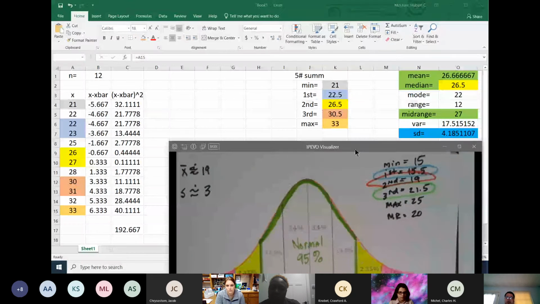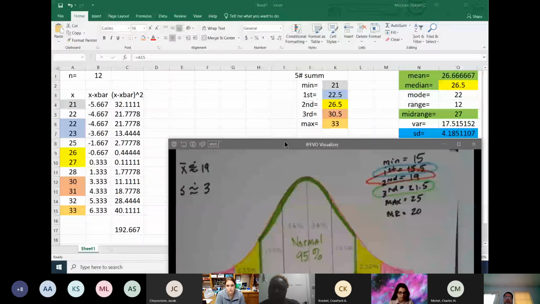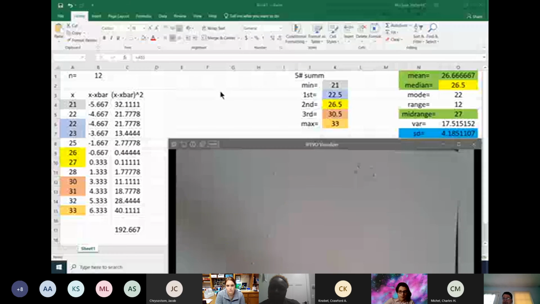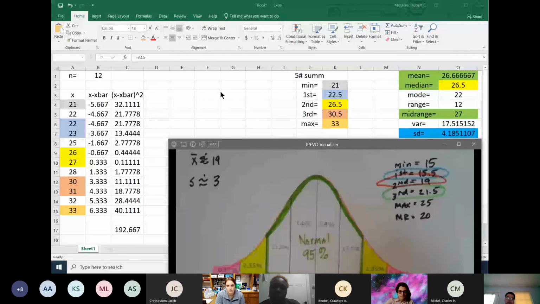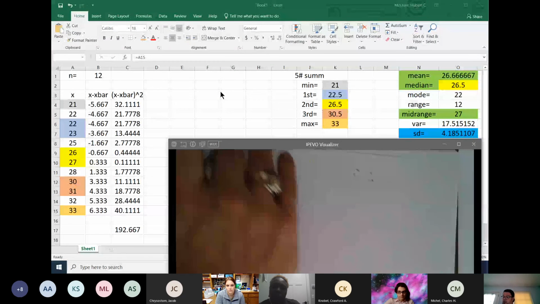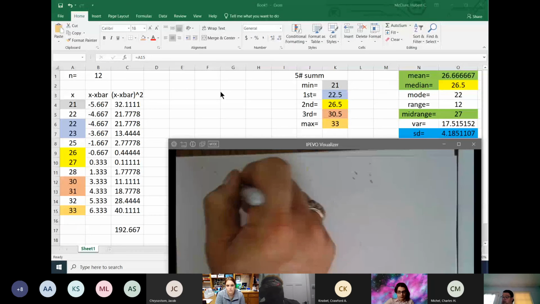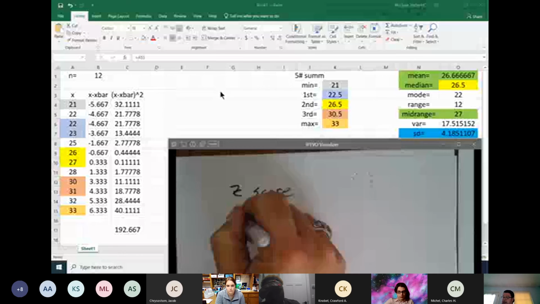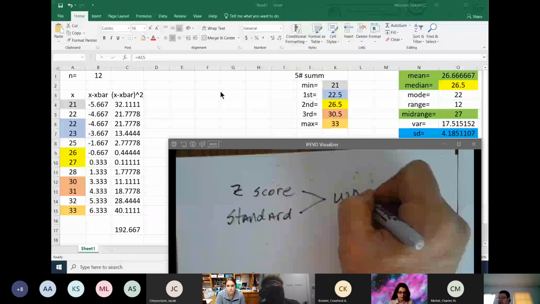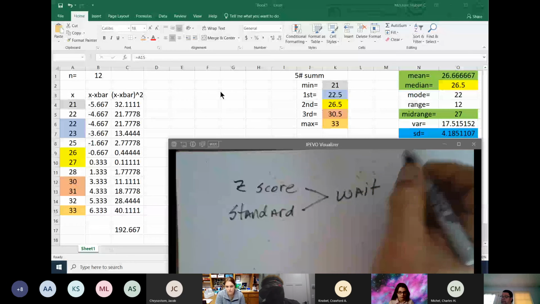This is about everything that you're going to do in 3.1, 3.2, and 3.4. The only thing left after you do all of this is z-scores. So if they say anything in your homework about a z-score or a standard score, just wait, because we haven't gone over that yet. That's the only thing we haven't gone over.